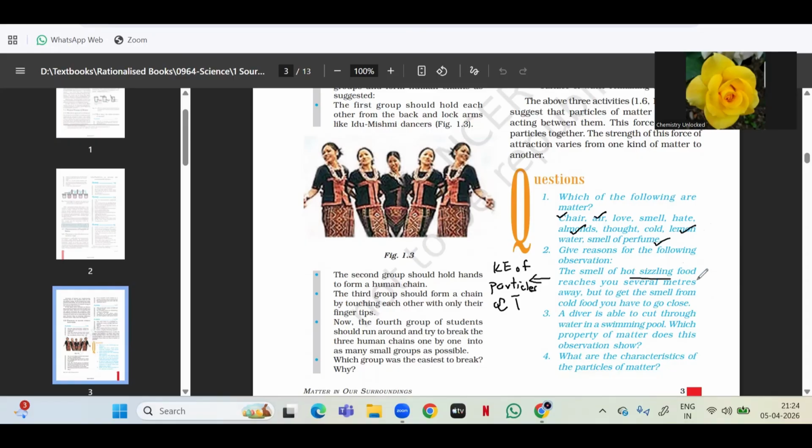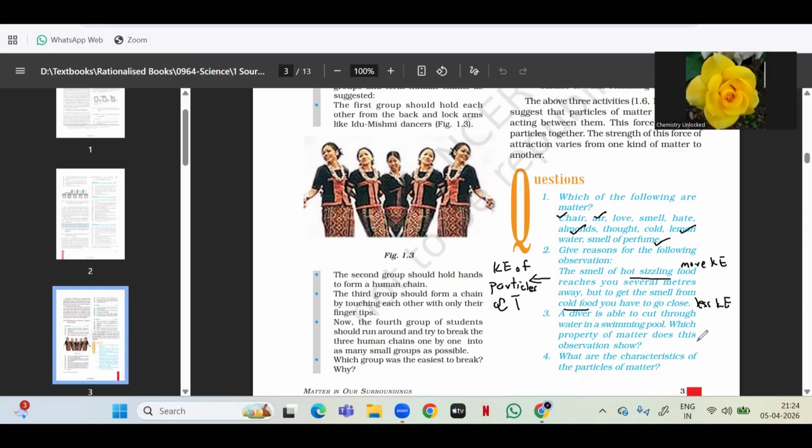So hot food has more kinetic energy, so it travels far off, and cold food has less kinetic energy, so you have to go closer to get the smell, as direct as it can be.